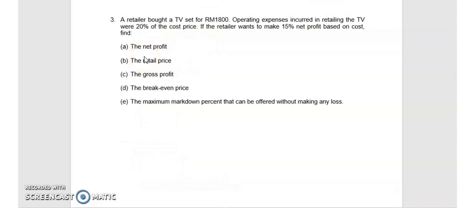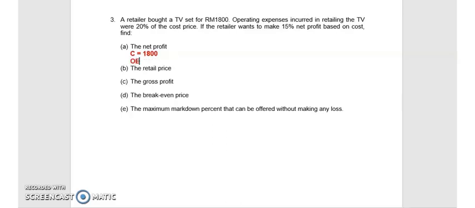Okay, now let's move to question 3. A retailer bought a TV set for 1,800 ringgit. So this will be the cost. Operating expenses incurred in retailing the TV were 20% of the cost price.